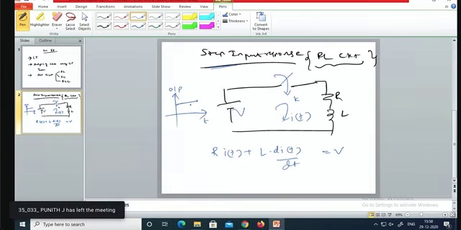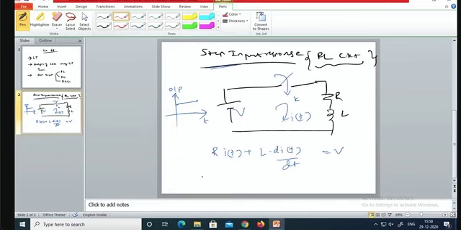What is the Laplace transform of the step input? It is nothing but 1/s, or in this case V/s. So we have to apply the Laplace transform here. It is R into I(s) plus L into s for the first differential, I(s), and you have to use the initial conditions of the inductor, so it is minus i(0+), that is equal to V/s.